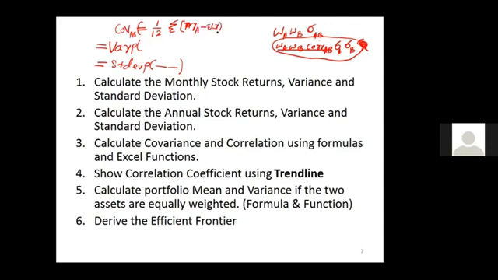Stochastic means the annual return here. And then that value should be multiplied by the return on asset B. So each month's return measure minus the expected return of stock B.